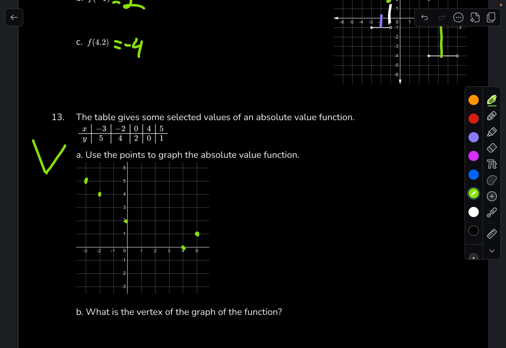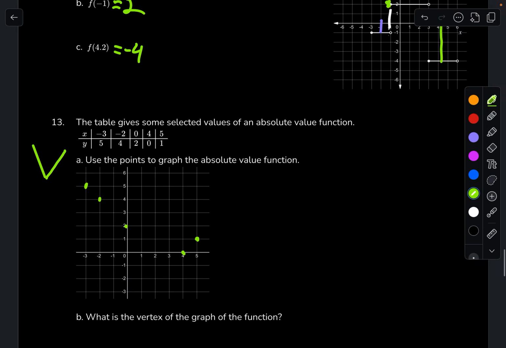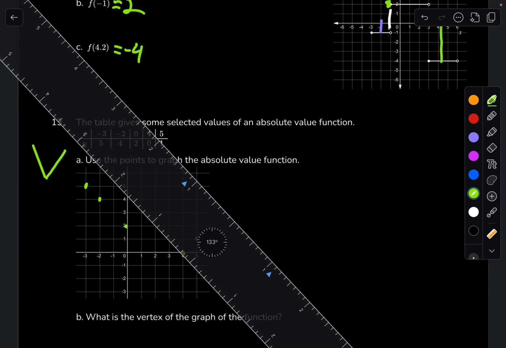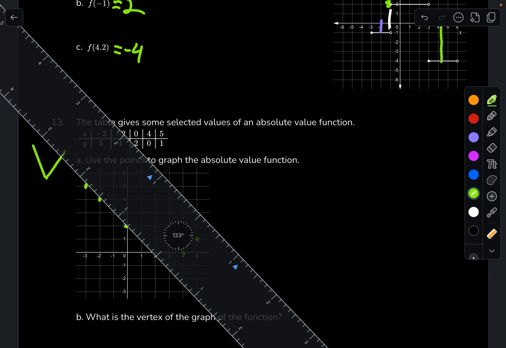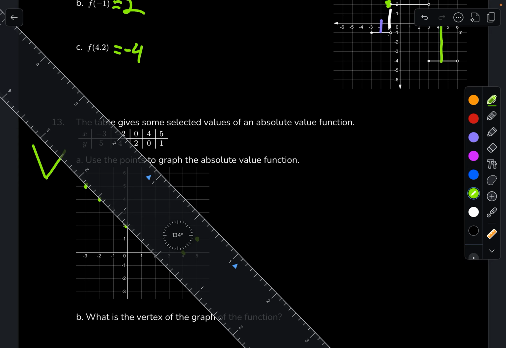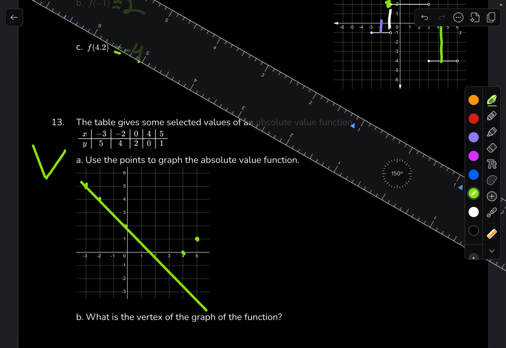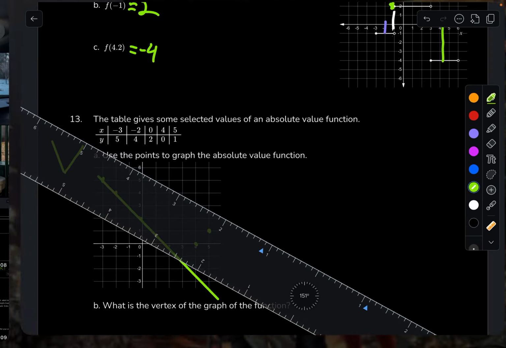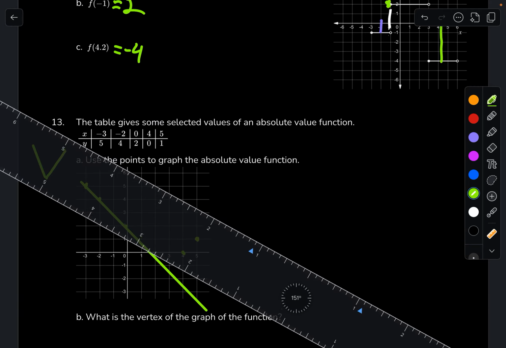All right? What you want to do is, I'm going to try to use the built-in ruler. There we go, so you can see it on the screen, but I've been having issues with it. You see this half forms a straight line, so I would just draw that straight line. Okay, and then those 2 points, obviously any 2 points will form a, oh, come on, James, will form a line.